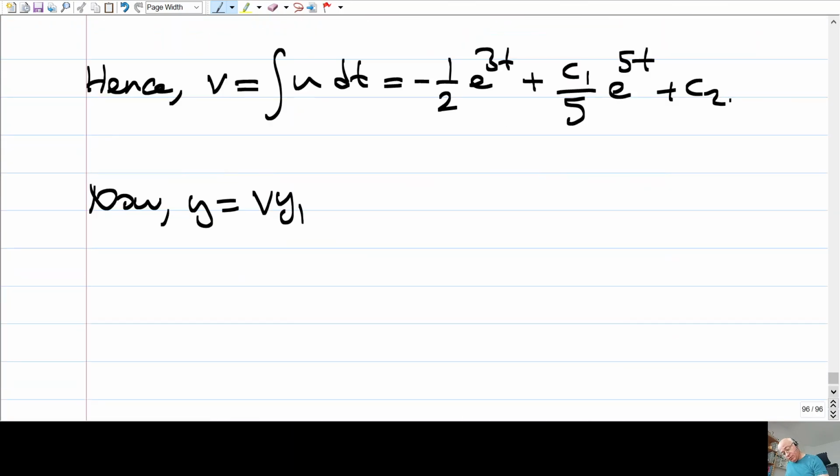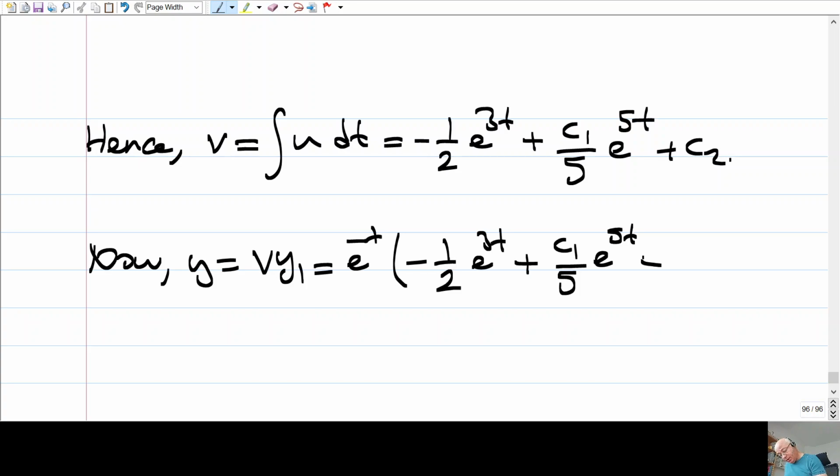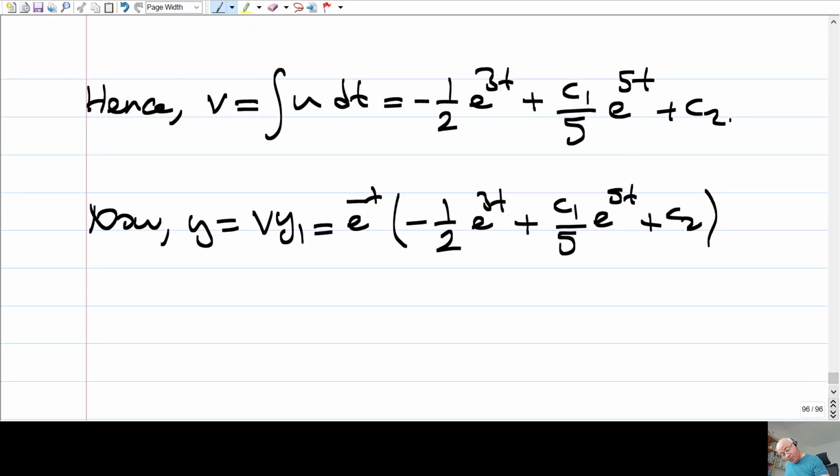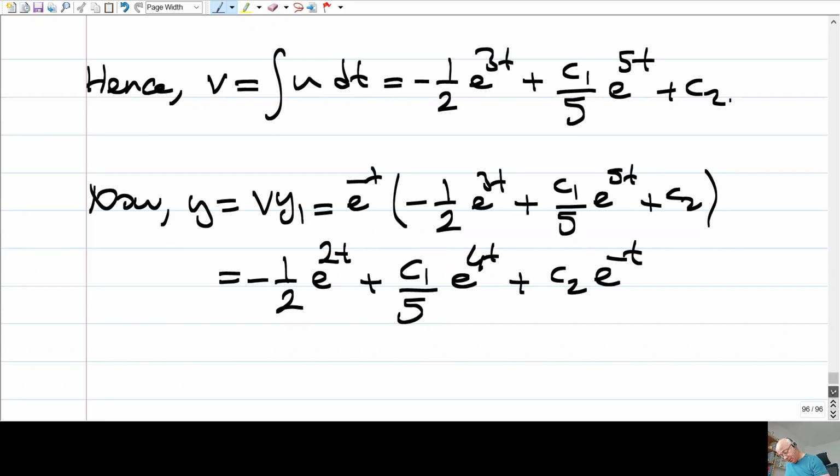So let's do that. e to the power minus t times v, which is minus 1 over 2 e to the power 3t plus c1 over 5 e to the power 5t plus c2. So we get what? Minus 1 over 2 e to the power 2t plus c1 over 5 e to the power 4t plus c2 times e to the power minus t.